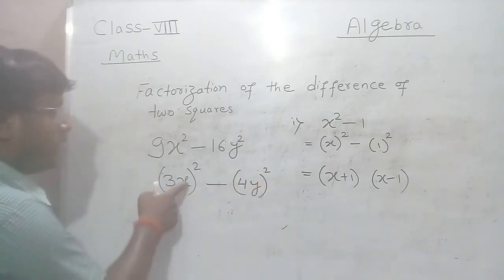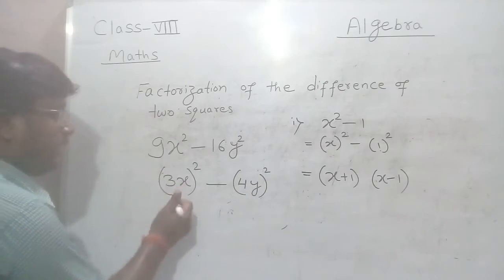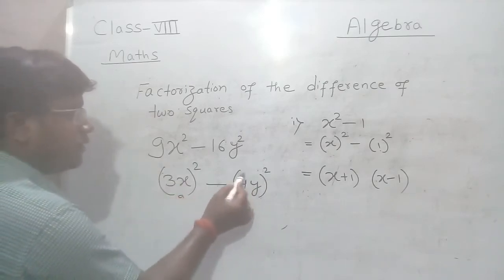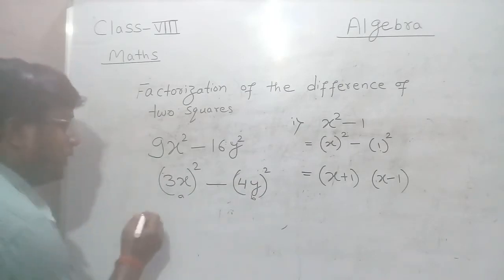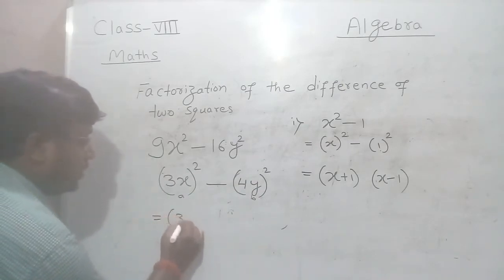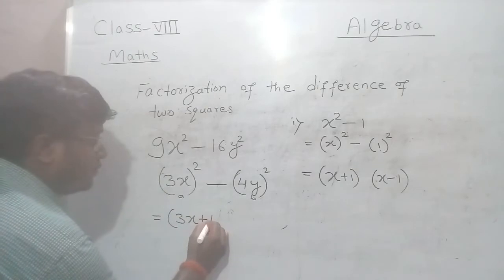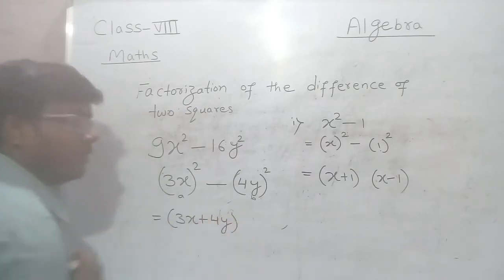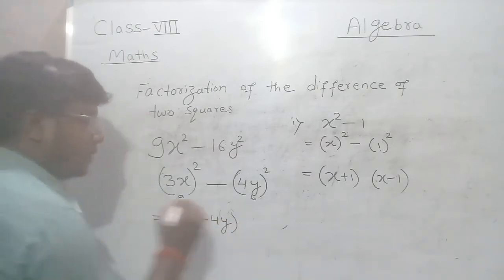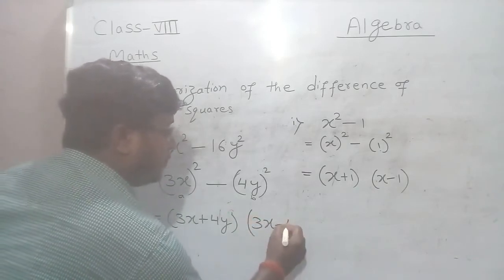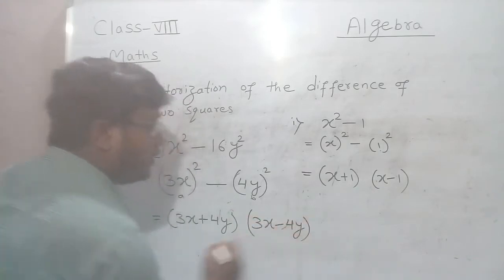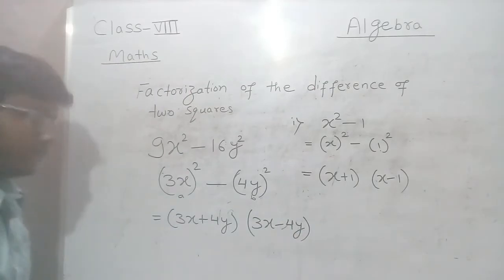Now 3x will act as a, and 4y will act as b. So our factors are 3x plus 4y, a plus b, and similarly 3x minus 4y, which is our other factor.